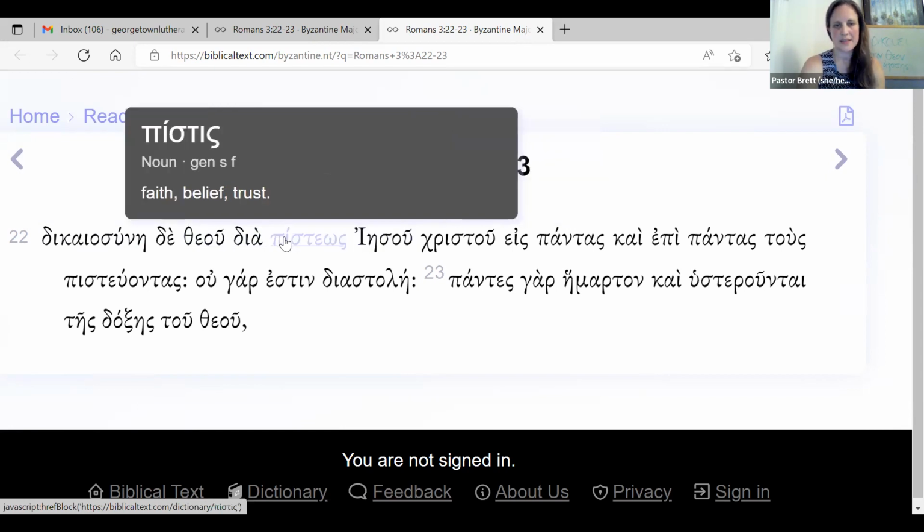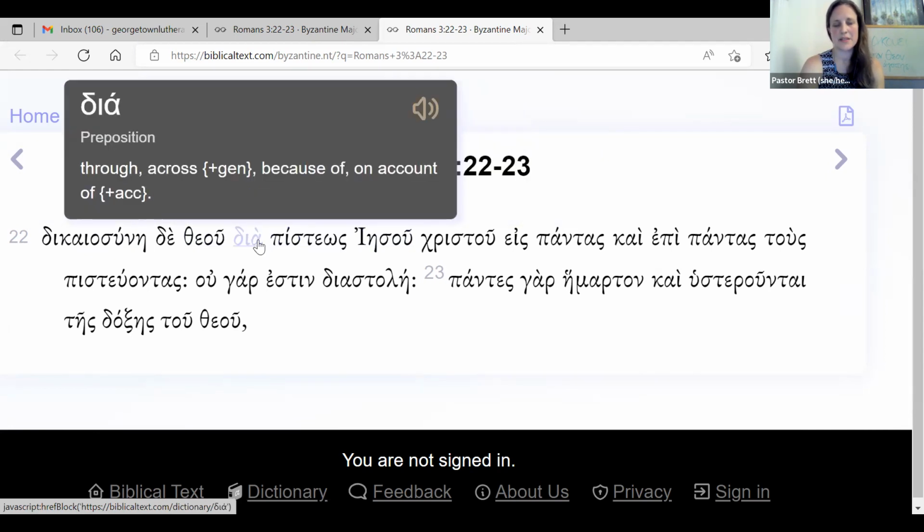Now, we know that this word pisteos is genitive. It has that ending because it follows this preposition that, as you see above there, when it means through, takes the genitive. So the word that comes right after it is genitive because of the preposition rules. So this is through the faith in Jesus.